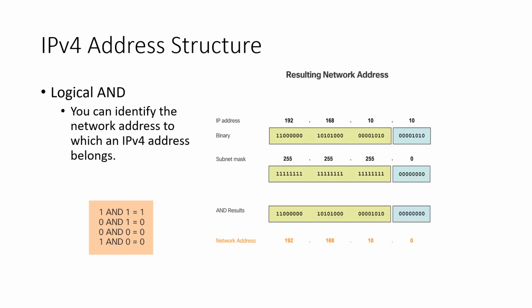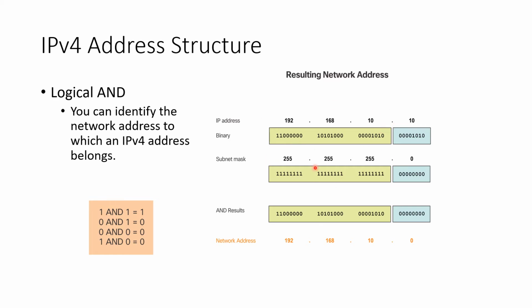So for IPv4 address structure, logically, you can identify the network address to which an IPv4 address belongs. You have the binary, which is how the address is stored in the computer.